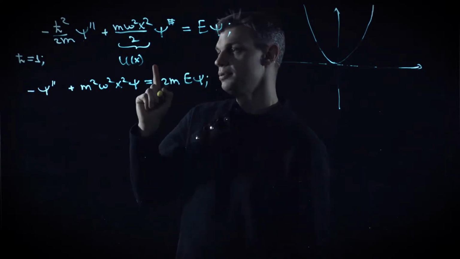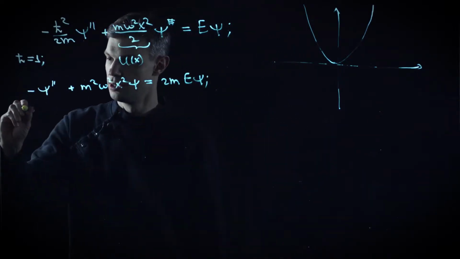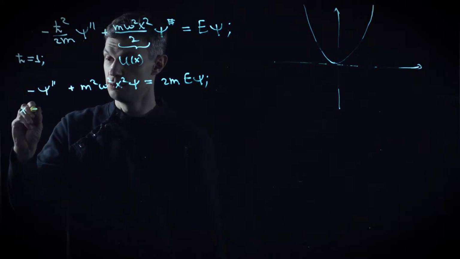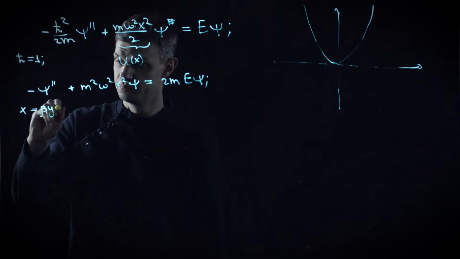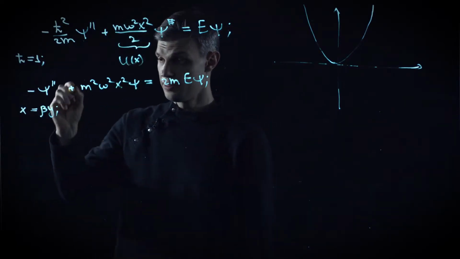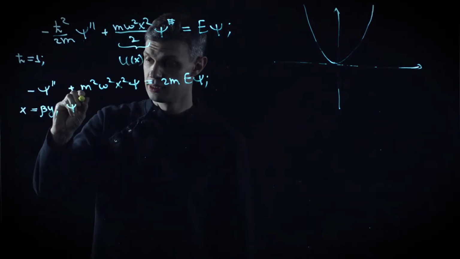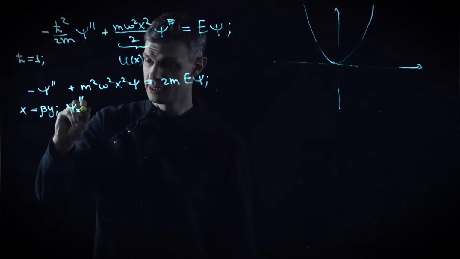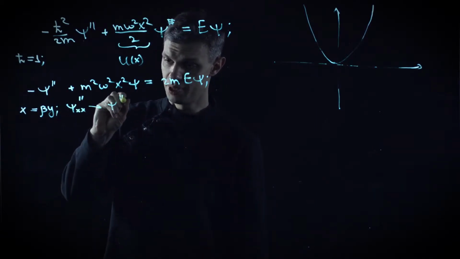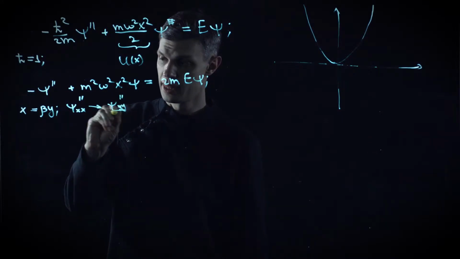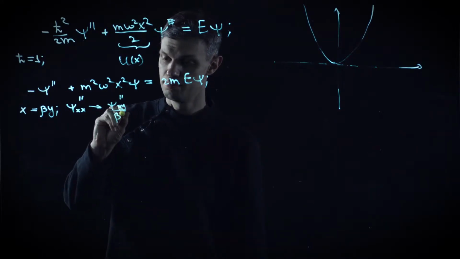And we tune our rescaling parameters. So x, suppose, is equal to some coefficient beta times y. Right. Then psi double prime in x is turned into psi double prime in y divided by beta squared.